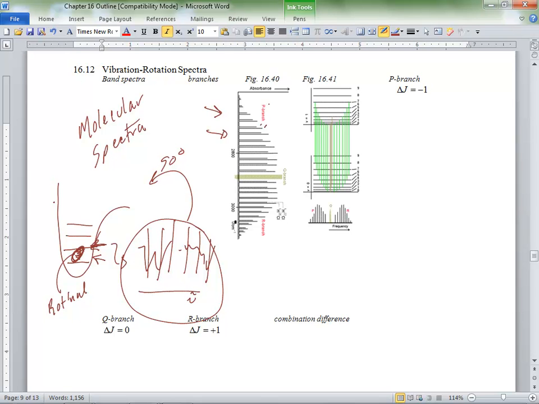And then they separate them into 3 branches, a P branch, a Q branch, and an R branch. All it is, they tell you here what the change in quantum number is. That's how you get each of those branches. And they tried to show you in this plot of those transitions how J only changes by 1 or 0 or -1. And all that originates from those transitions.